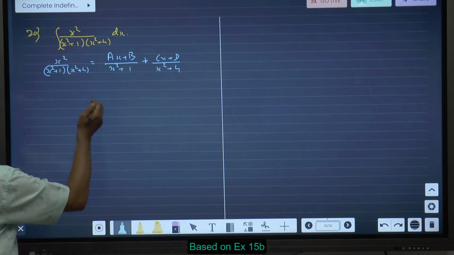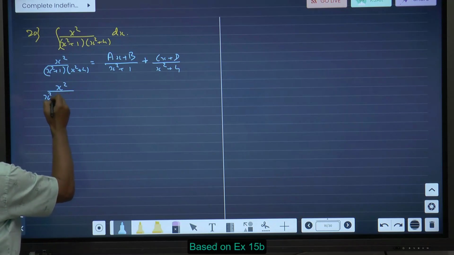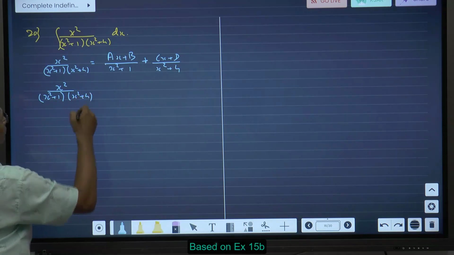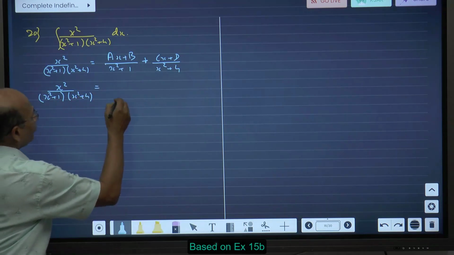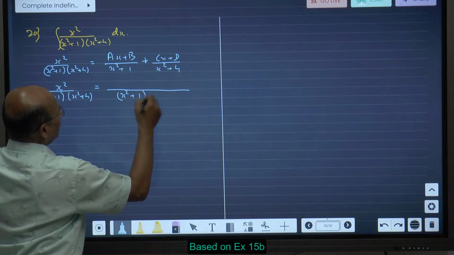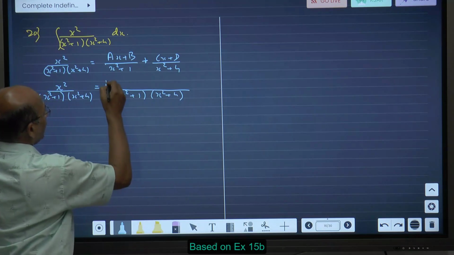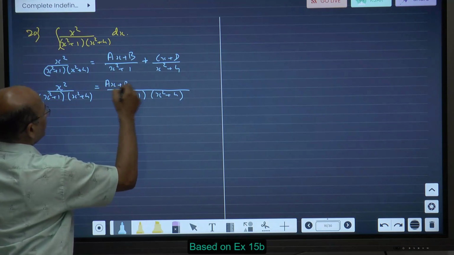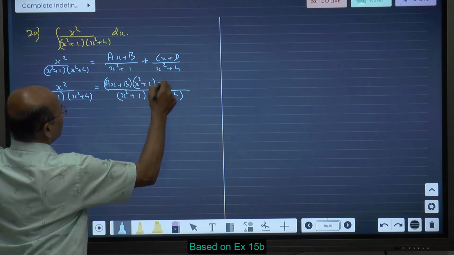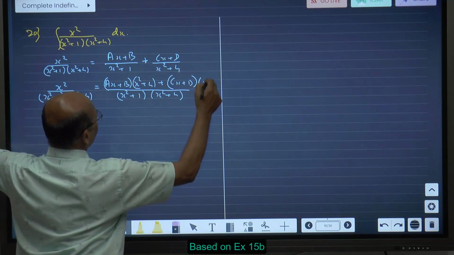Once you do that, I told you, simplify it now. So this will become x square upon x square plus 1 into x square plus 4 is equal to, this LCM is x square plus 1 into x square plus 4, and cross multiply now: ax plus b into x square plus 4 plus cx plus d into x square plus 1.